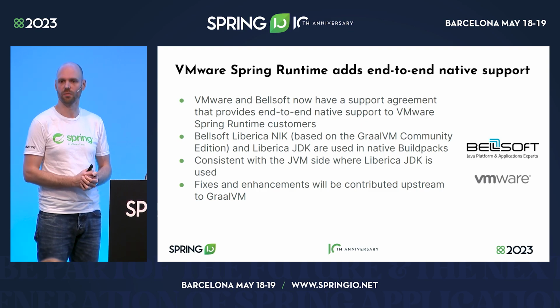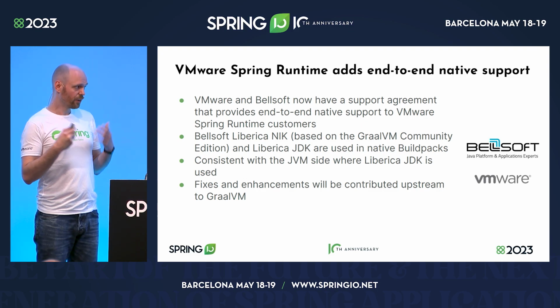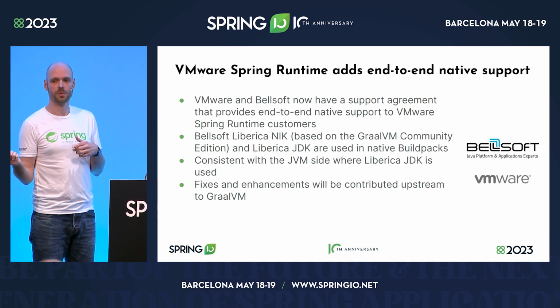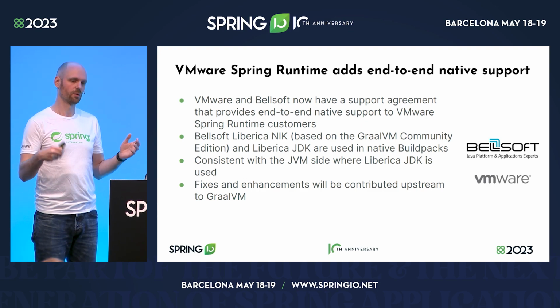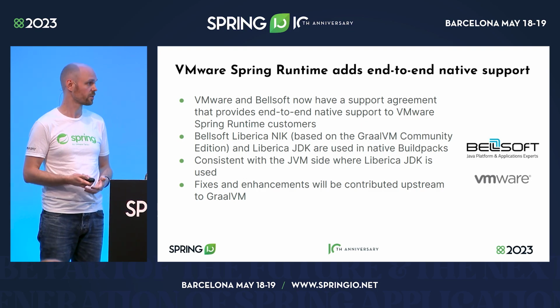This is essentially the GraalVM compiler containing the native image. If you need help and we actually find a bug in GraalVM, that stuff is not incorporated in some closed source stuff, so it's all contributed upstream, so we are honoring the open source.